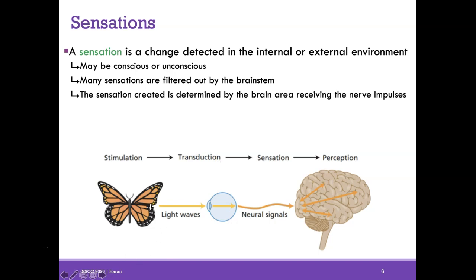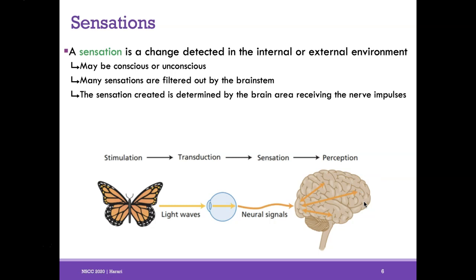The light energy that bounced off of the butterfly hit my retina, and then the cells of the retina are transducing the energy from light into neural signals. And if my occipital lobe gets that information, it'll be sensing it. And then once that information gets to the cerebral cortex, then I can perceive it.